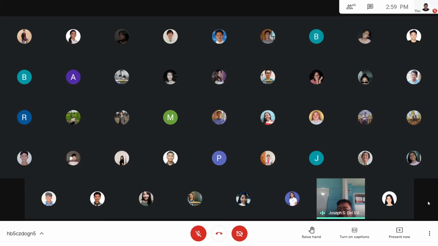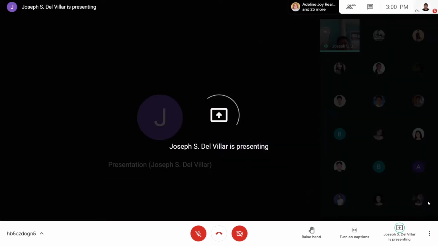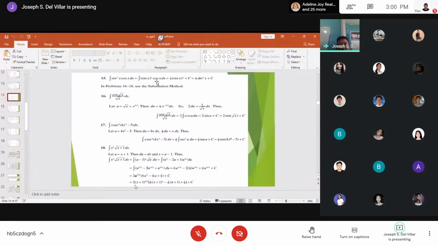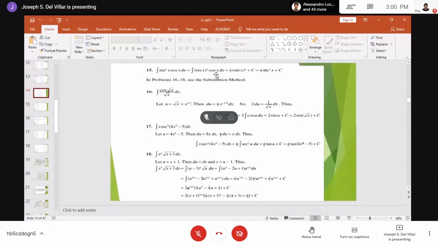Okay, so all we need to do is simply add 1 to the original exponent. So this is what I'm saying, the differential of sine x is cosine x dx, exact. So we need not introduce any constant.